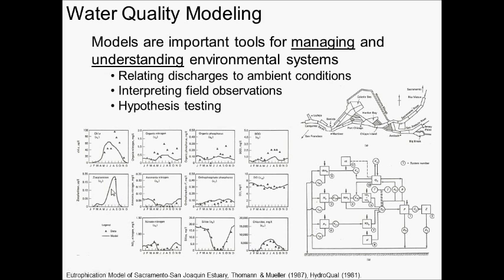We run the model and we get a prediction, and we compare the model to observations to confirm that it is an adequate representation of the system. And then we may use the model to evaluate management scenarios, such as reducing the amount of nutrient inputs.